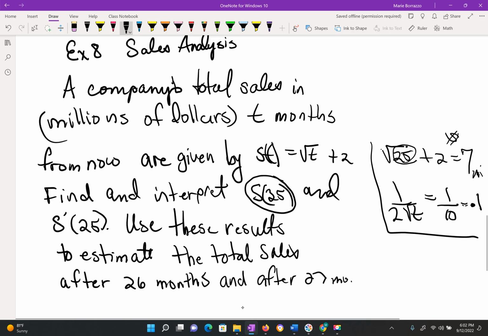And it is increasing at a rate of 10%, or the equivalent of 0.1 of a million, which is $100,000 per month. Good to know. I'm in.